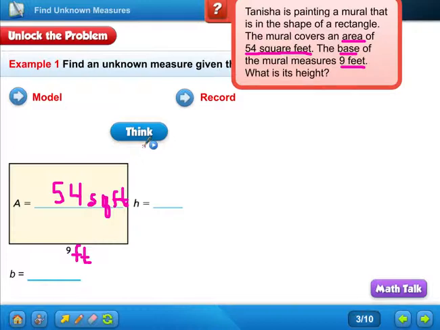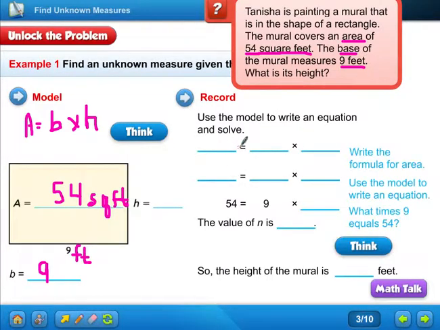The base was 9 feet, and we're trying to figure out this height right here. Remember the area formula. Area equals base times height, right? All right, let's see if we can fill in any of this.